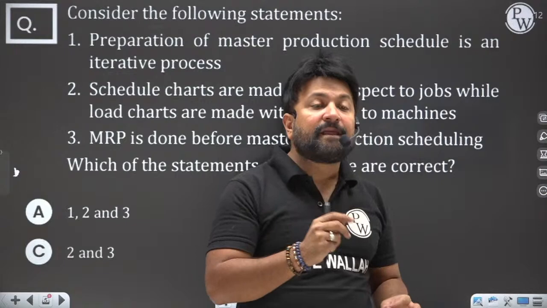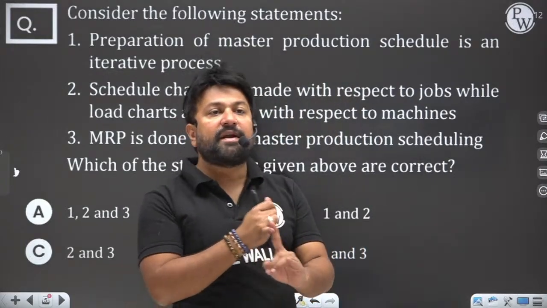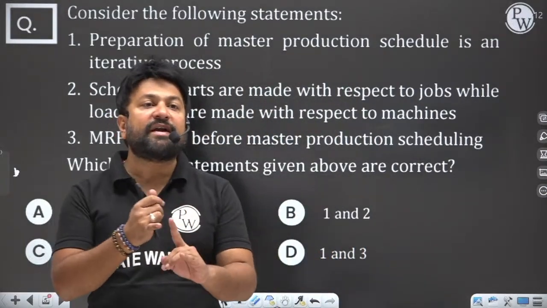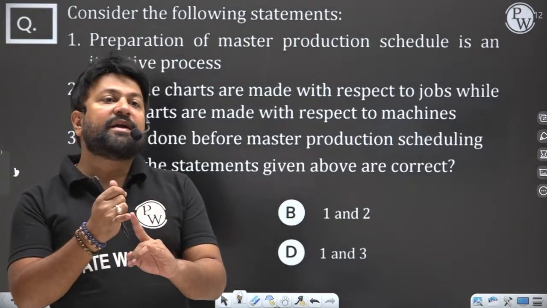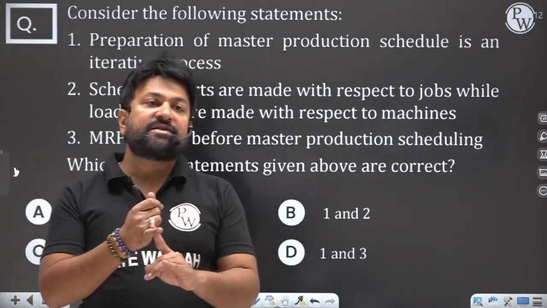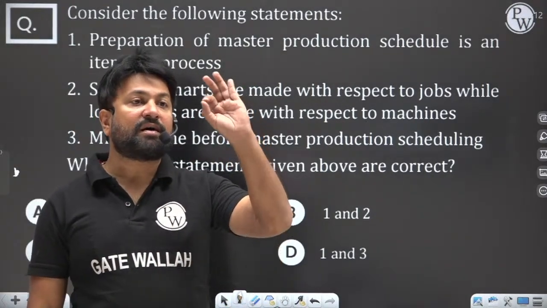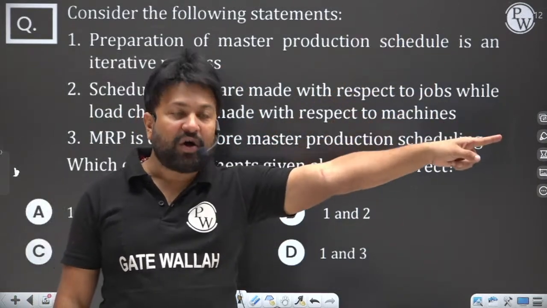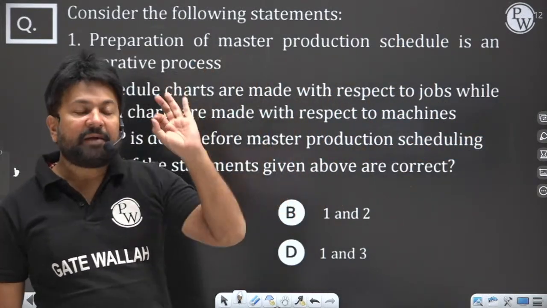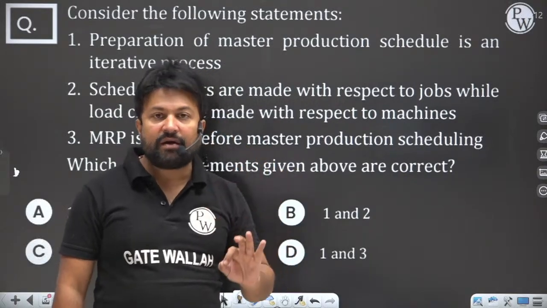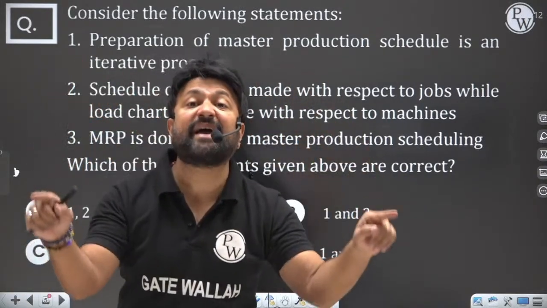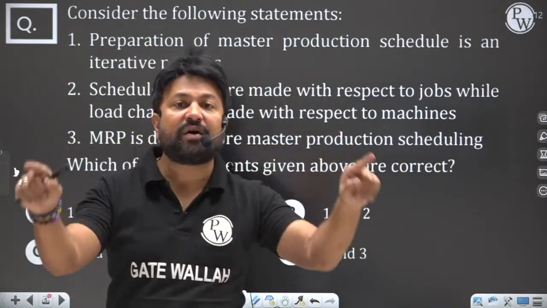Material requirement planning will be done on the basis of inventory record, on the basis of the raw material which you have ordered, and on the basis of the design of the product.